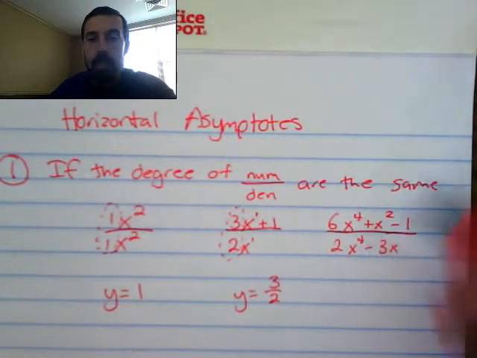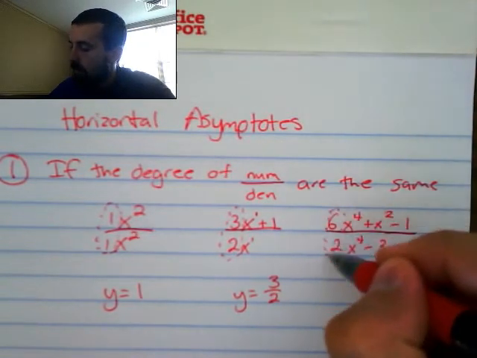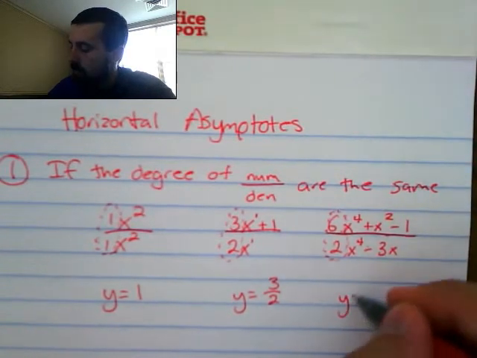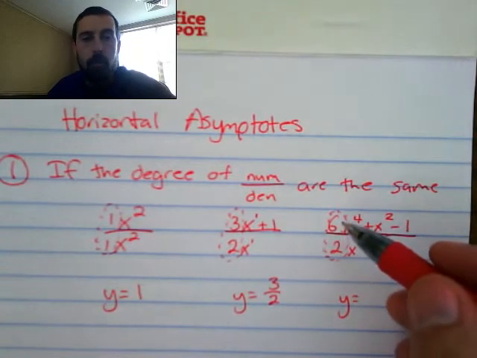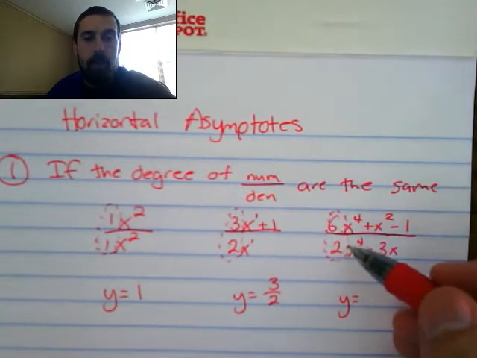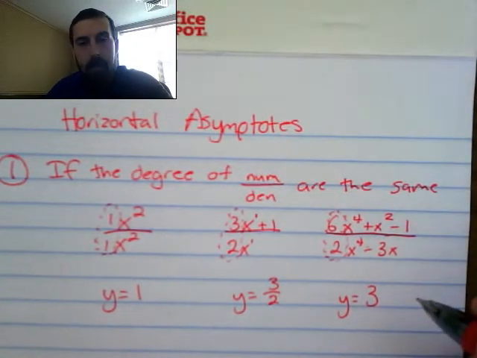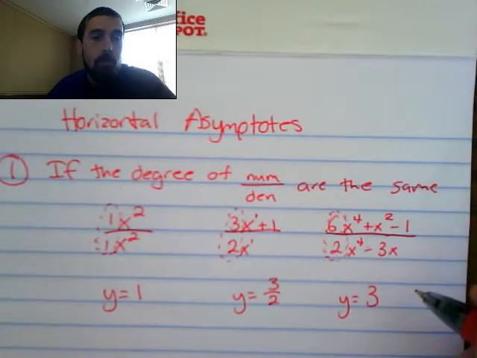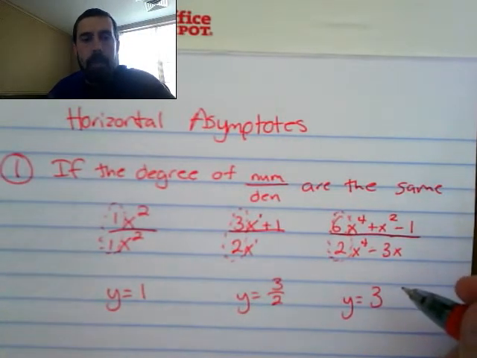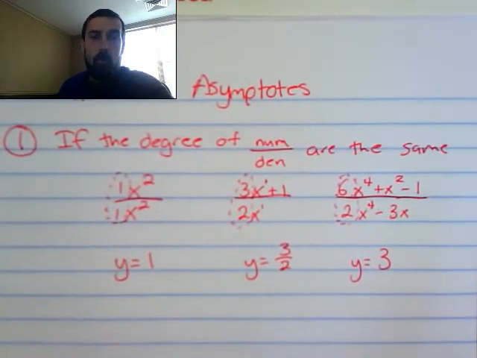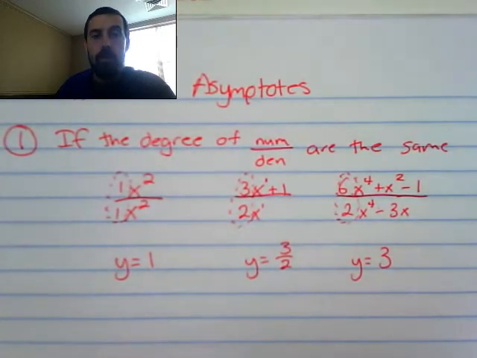Since they are the same, I'm going to take the leading coefficient of the top over the leading coefficient of the bottom. My leading coefficient for the numerator is 6, for the denominator is 2. So 6 over 2 gives me 3. So that is the first case for finding the horizontal asymptote, if the numerator and denominator have the same degree.